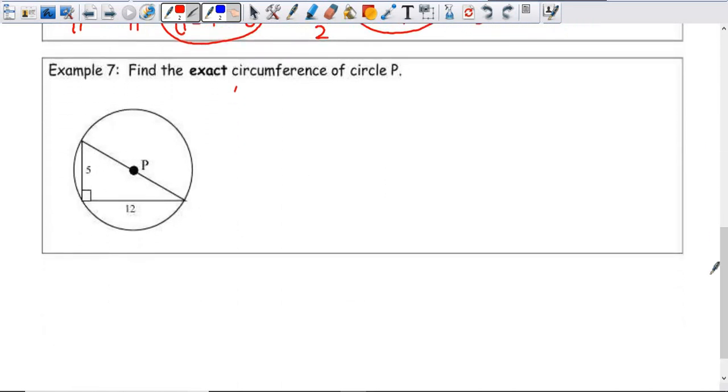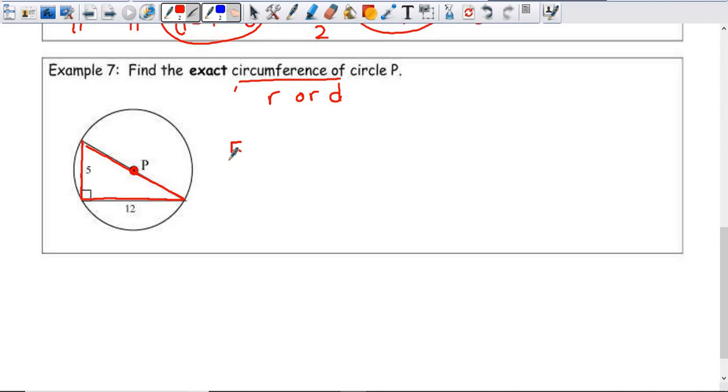All right, let's find the exact circumference of this circle. This is another one you can get, and they like this kind of question because it involves another part of geometry, which is your Pythagorean theorem. Because we have a right triangle here, and if I am finding circumference, I either need a radius or a diameter, which I do not have right now because those have to go through the center or from the center.